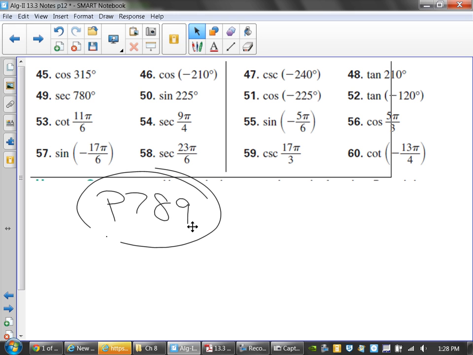My suggestion when you're writing these out, on the front of your paper, is I would write in my first quadrant and work my ordered pairs. If I don't want to do my first quadrant, I would at least put both of my two right triangles on there, my 30, 60, 90 and 45, 45, 90. I can then build everything off of it once I get the reference angle. Get your reference angle, label if it's going to be positive or negative, and go for it.